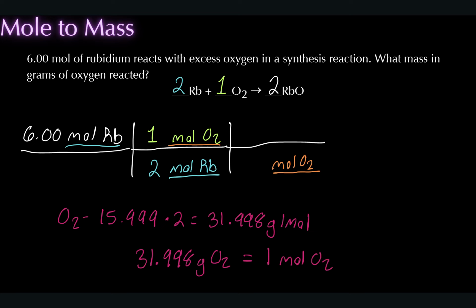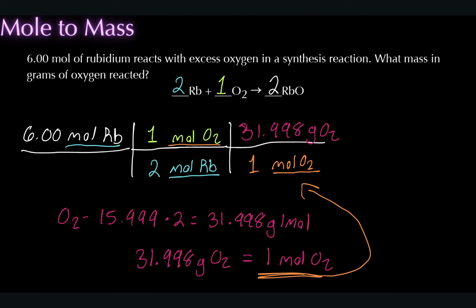So this 1 mole of O2 right here is going to fit into this spot. So we end up with our 1 mole of O2, which will be equal to our 31.998 grams of O2.